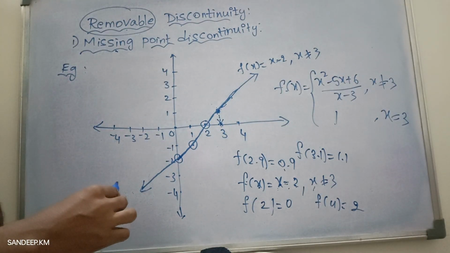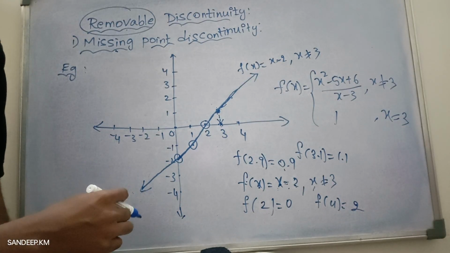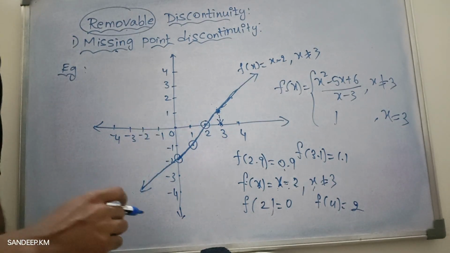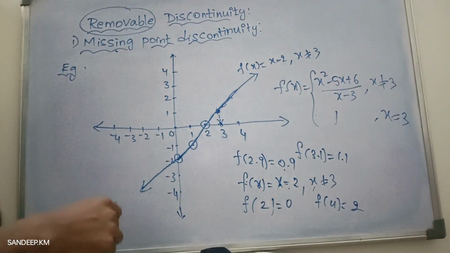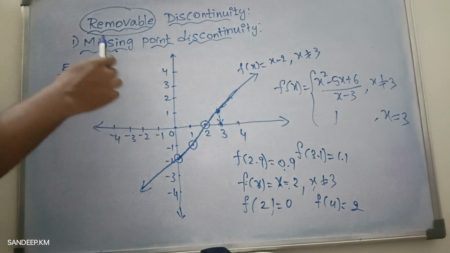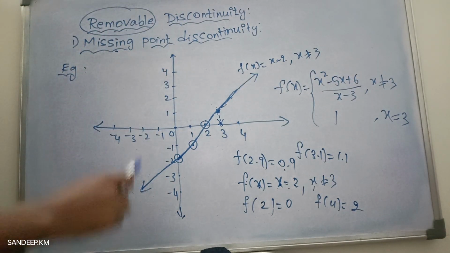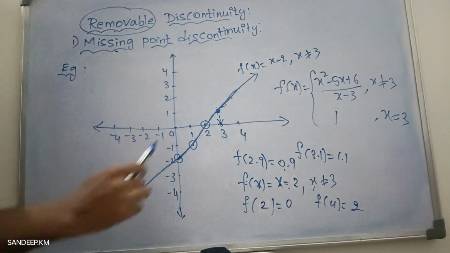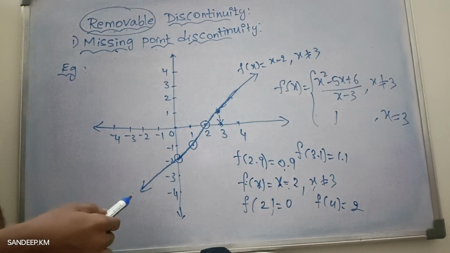The function is now continuous. The function is now continuous at x is equal to 3. Correct or not? So I can redefine the function and I can remove the discontinuity. For that reason, these discontinuities are called removable discontinuity. Okay now, see, in missing point discontinuity, which is removable discontinuity, I can redefine the function to remove the discontinuity.